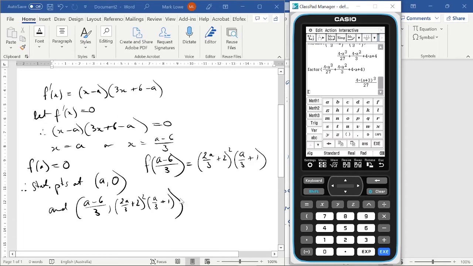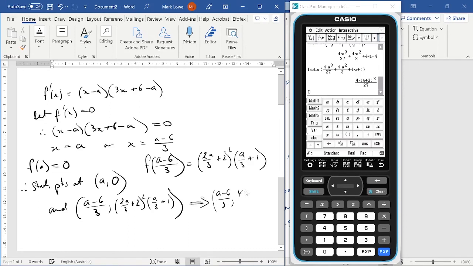So we could even rewrite that a minus 6 over 3, and then 4 times a plus 3 cubed over 27. Okay, I mean either of those really are correct. So those are our stationary points.